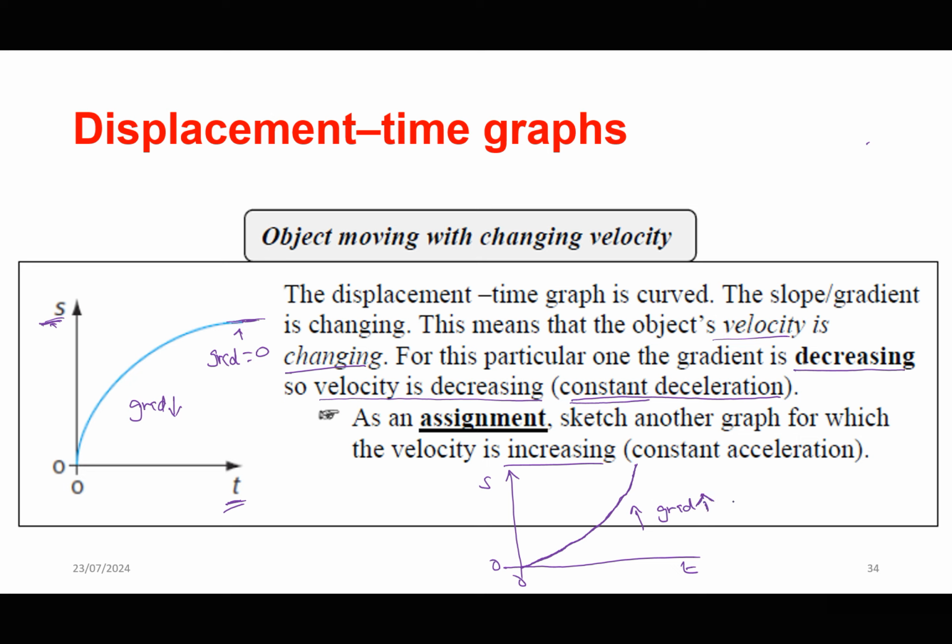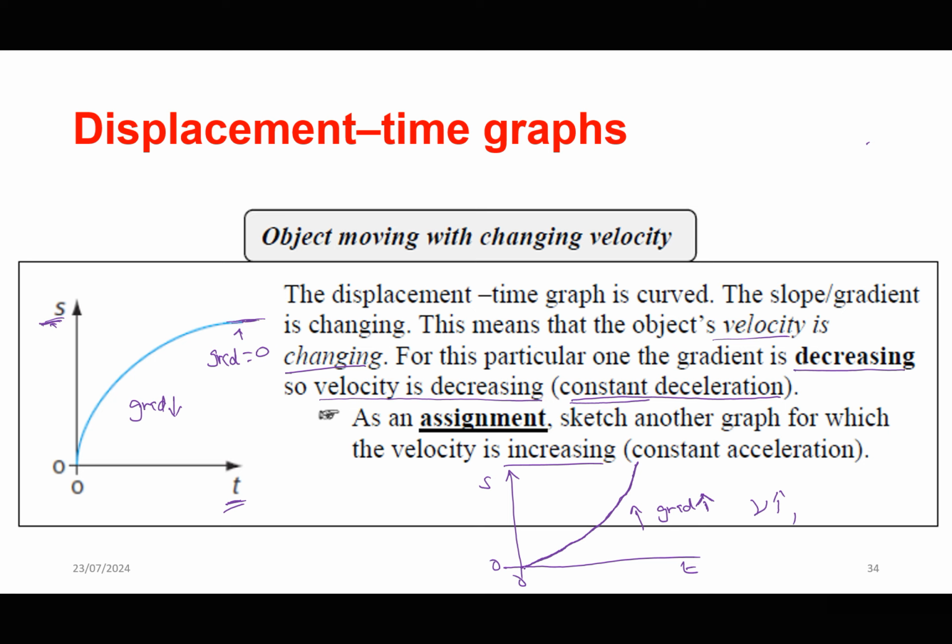The gradient is increasing for this line here. And if the gradient is increasing, it means the velocity is increasing. And an increase in velocity is an acceleration. So this means the body is accelerating in this case.